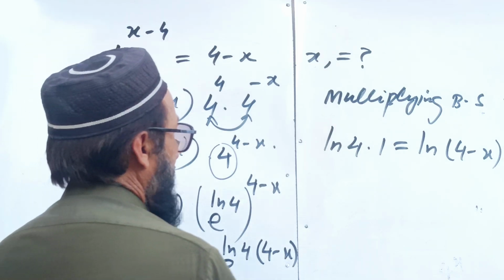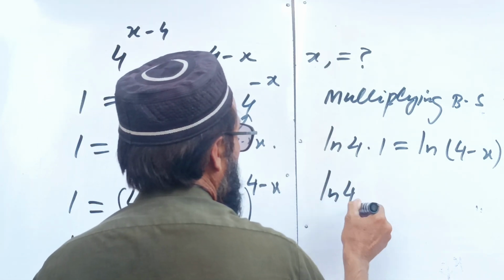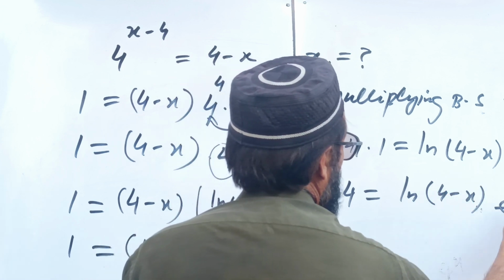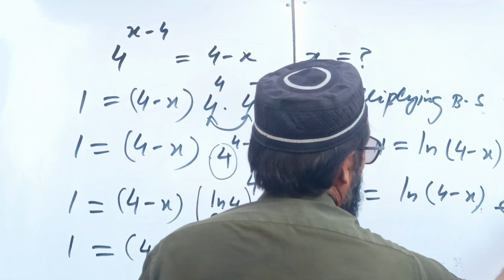Now we get log of 4 is equal to log of 4 minus x, e exponent of log of 4 and 4 minus x.